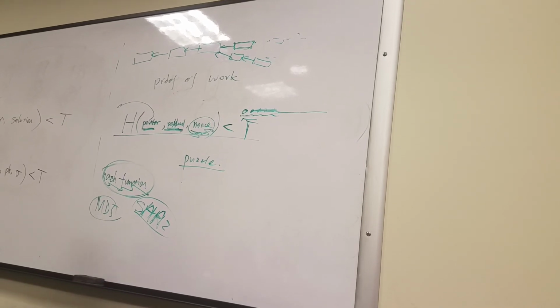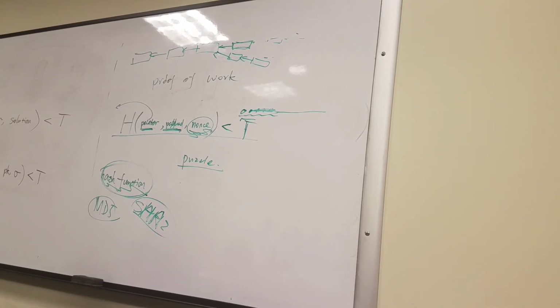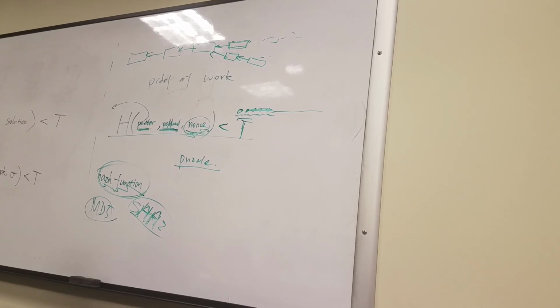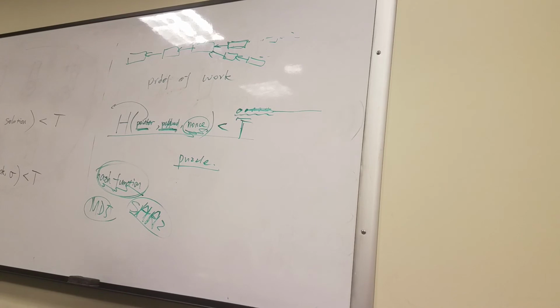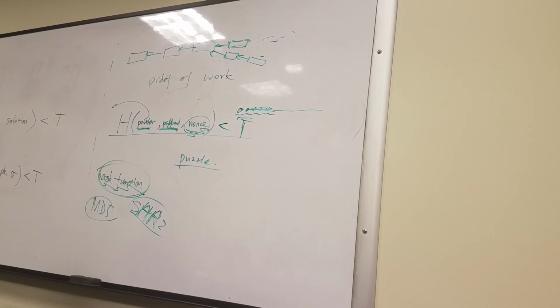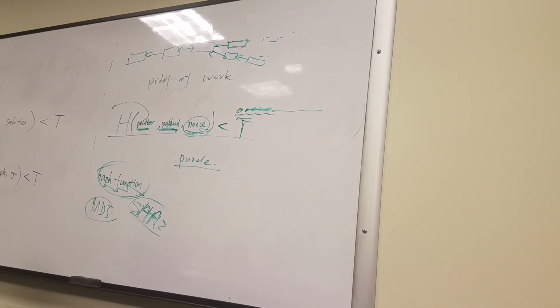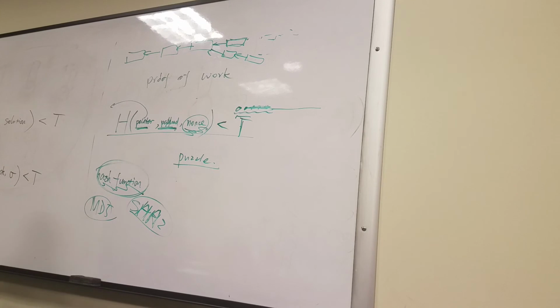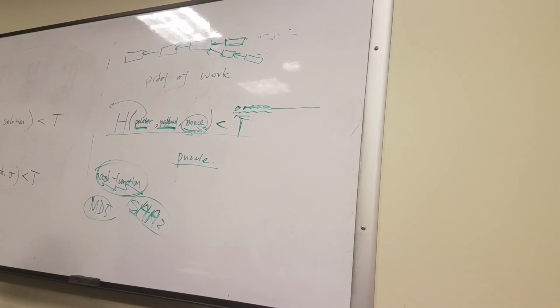If China decided, we have a great firewall, stop all these kinds of transactions, then there would be two chains: one inside China, and the remaining world would have another chain. So if we want to stick with one chain, we need some assumptions. The network must be good. And there's a second assumption.